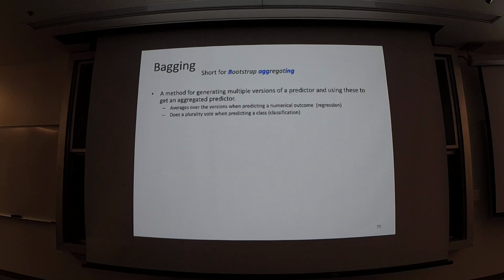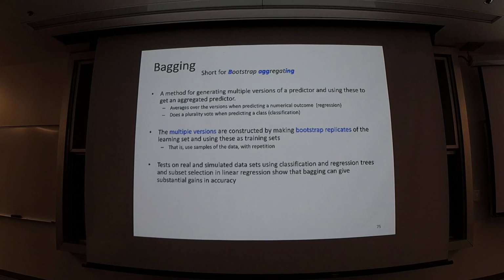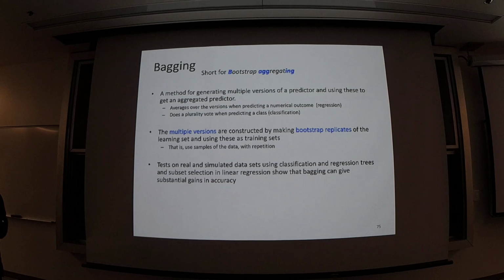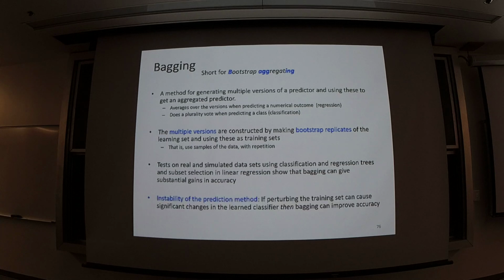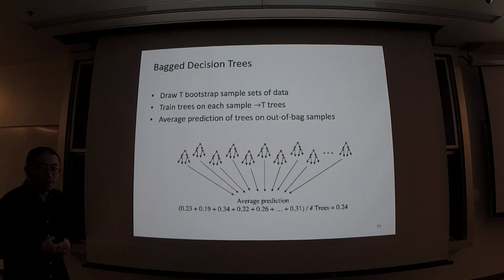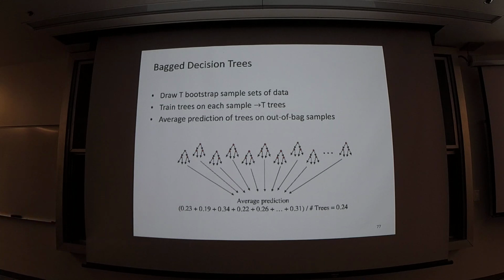We have mentioned that bagging, on both real and simulated data sets, on both classification and regression trees and subset selection in linear regression, can give substantial gains in accuracy as compared with using just one single decision tree or classifier. We also mentioned that the most popular bagging approaches are based upon decision trees.